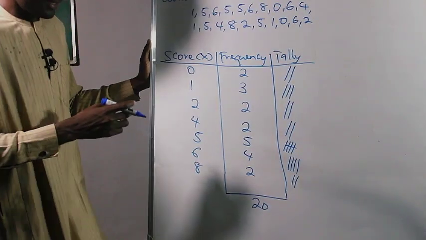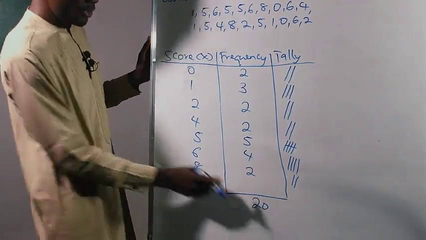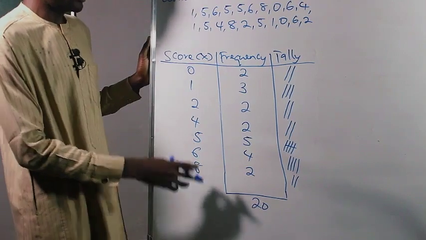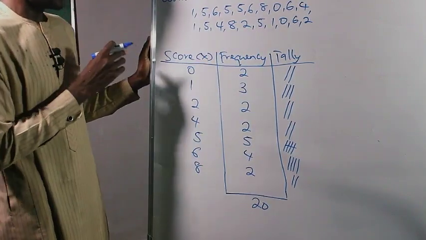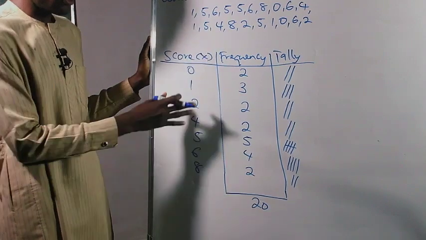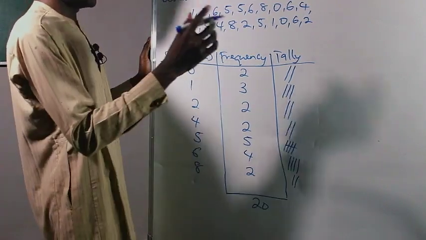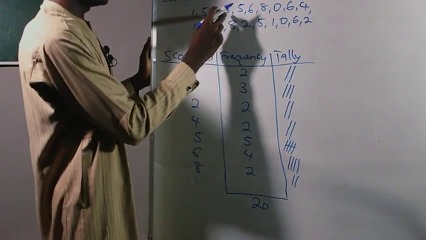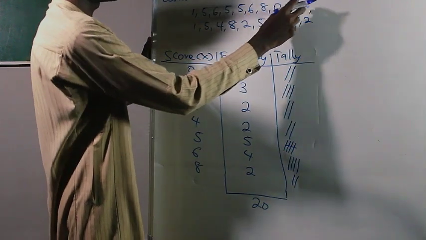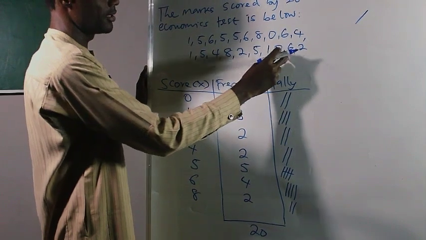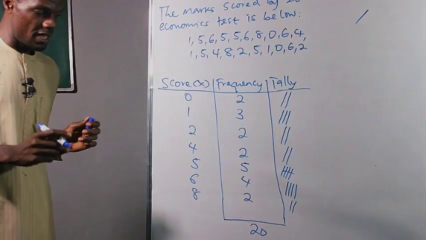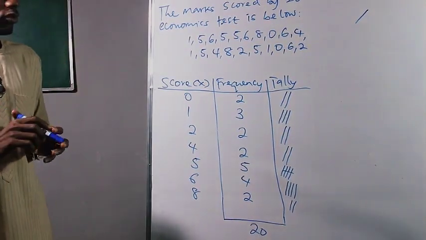So this means that when you count the frequency and get the total, you then count the number of items of the observation. If it is equal to the frequency total, then the frequency is correct. So let us count it. 1, 2, 3, 4, 5, 6, 7, 8, 9, 10, 11, 12, 13, 14, 15, 16, 17, 18, 19, 20. So our frequency here is correct.